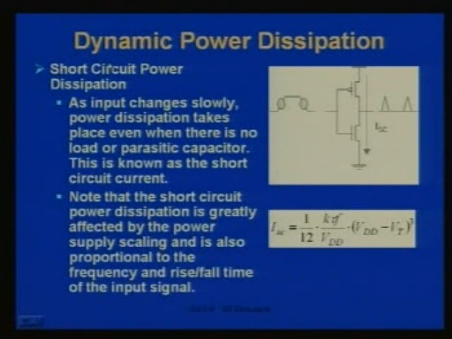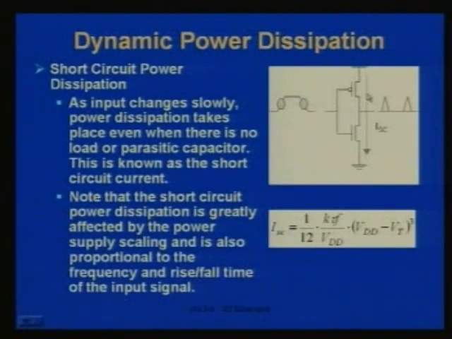And second type of dynamic power dissipation is known as short circuit power dissipation. As you know, in case of CMOS circuit, when the output is 1, then the PMOS network path is closed, but the NMOS network path is open. On the other hand, when the output is 0, the NMOS network path is closed, PMOS network path is open.